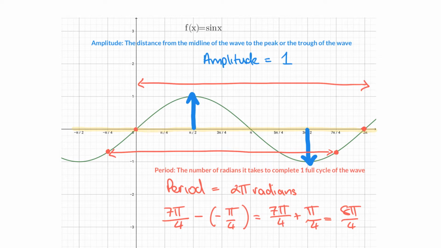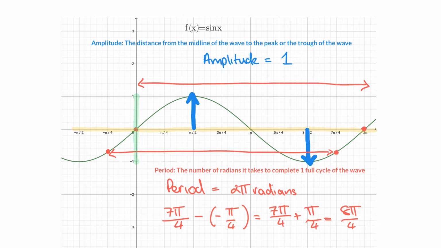And so the last thing I just want to note here is the range of this function. The range and the amplitude can sometimes be mixed up, so we need to be careful. The range is the set of all possible outputs. And we know that the outputs of a function, we can investigate along the y-axis. So that's the function axis, the y-axis.